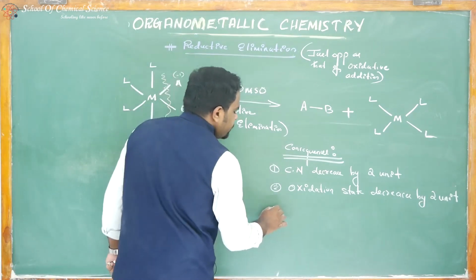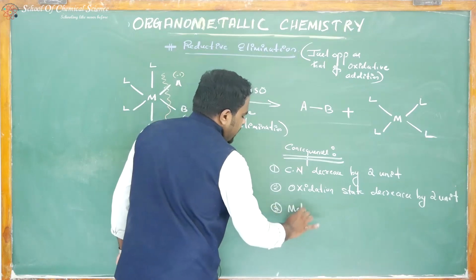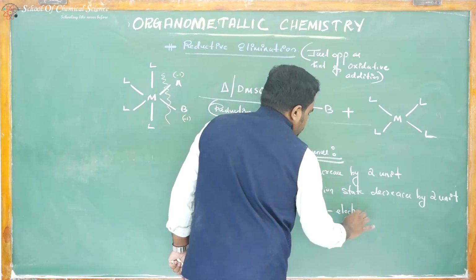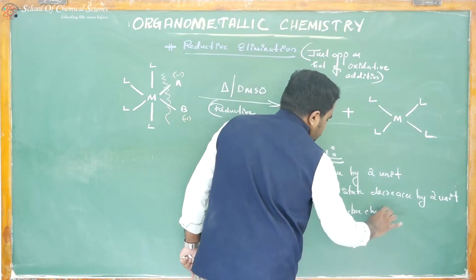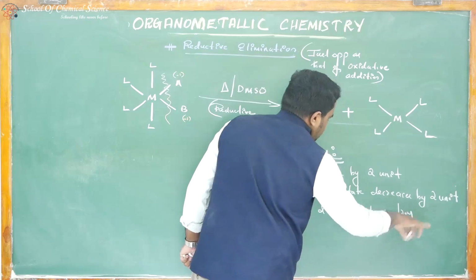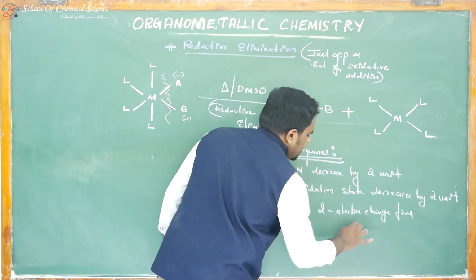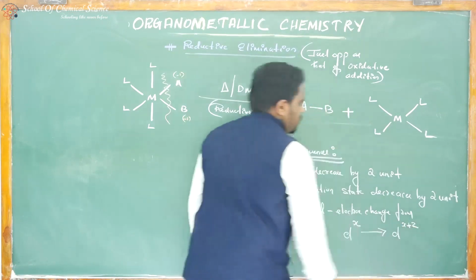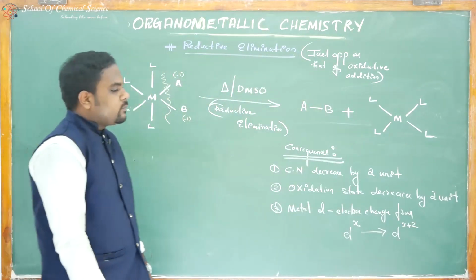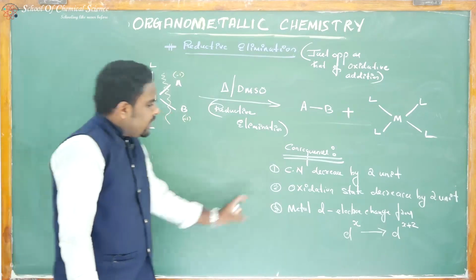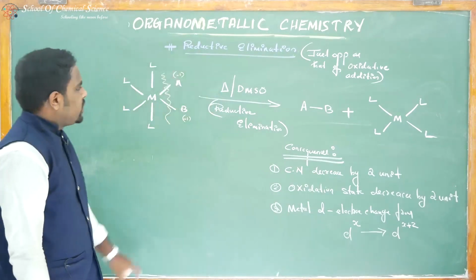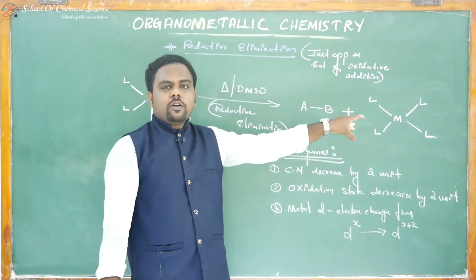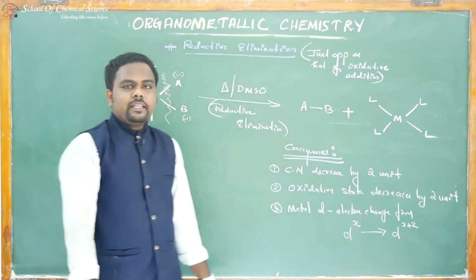Third point, the metal d electron count changes from dx to dx+2. Why? Here the oxidation state decreases by 2 units. For example, here the oxidation state is 2+, here the oxidation state is 0. It decreases by 2 units. Then what about the metal electrons?